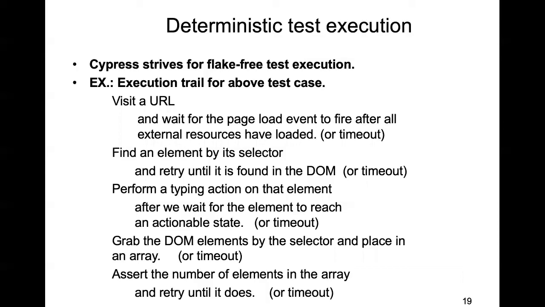So this is a kind of English documentation of exactly the sequence that the Cypress runtime goes through, with reference to the previous slide. For example, it tries to find a particular element based on the get command that we had in our script on the previous screen.